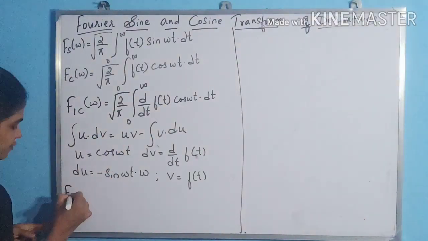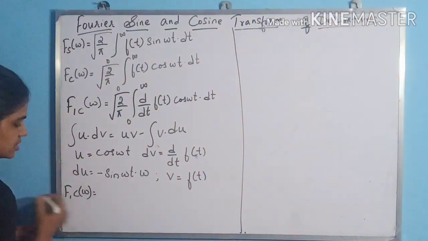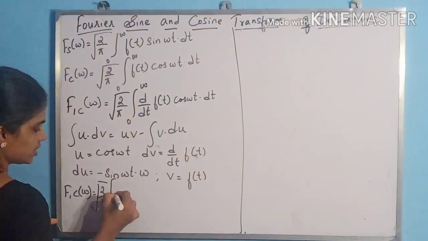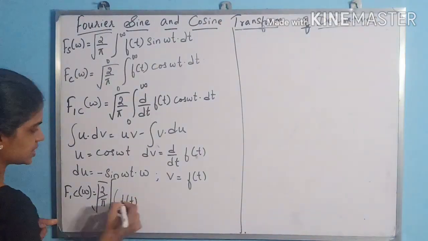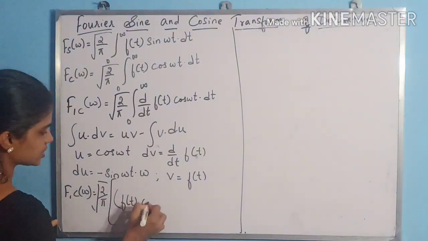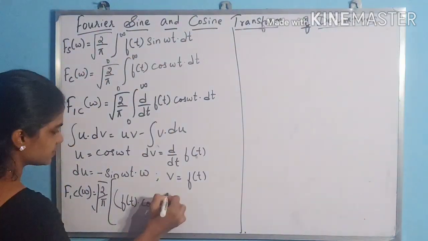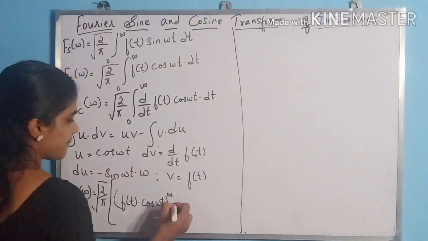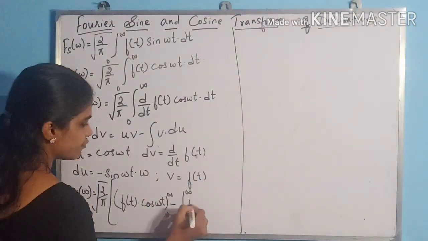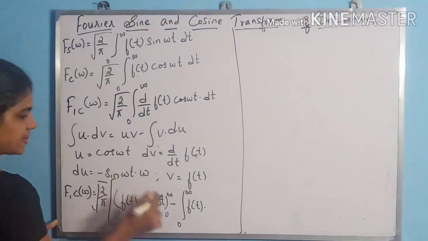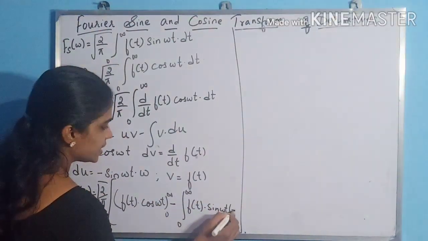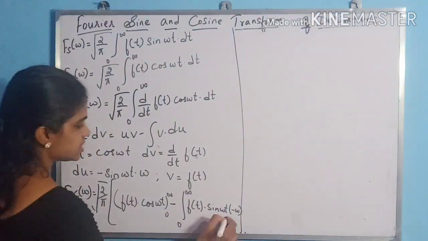So we have f1c of omega, this is equal to root 2 by pi is common out, right? F of t, u into v. So u into v is f of t into cos omega t. Apply the limits 0 to infinity minus integration 0 to infinity v into du. That is f of t into minus, or I'll just take it as sine omega t into minus omega dt.